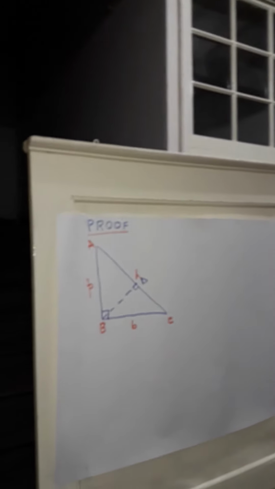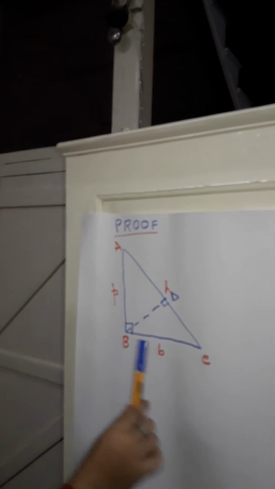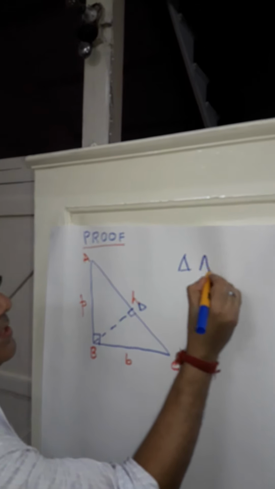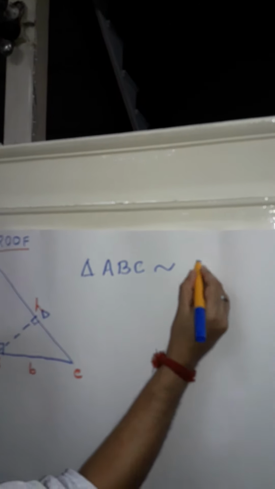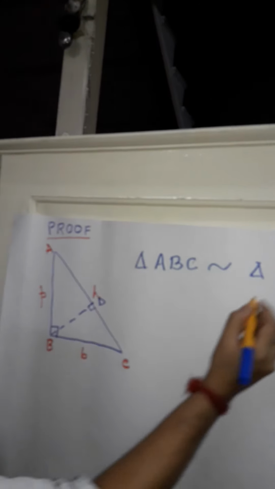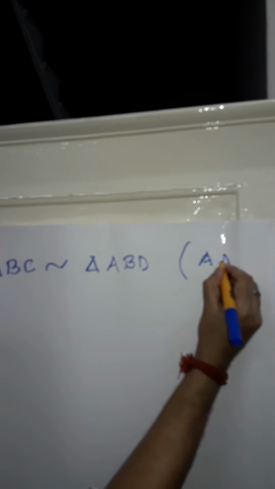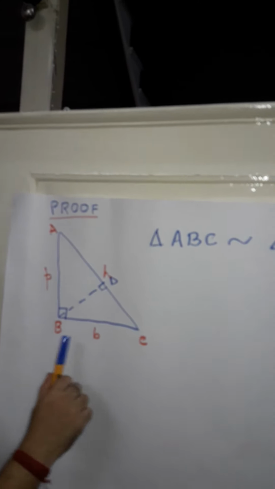By the same logic, these two triangles are similar. So we can write triangle ABC is similar to triangle ABD by the angle-angle similarity criterion.